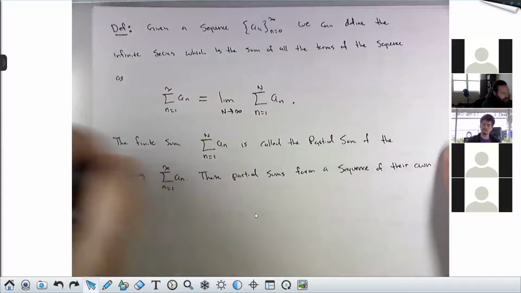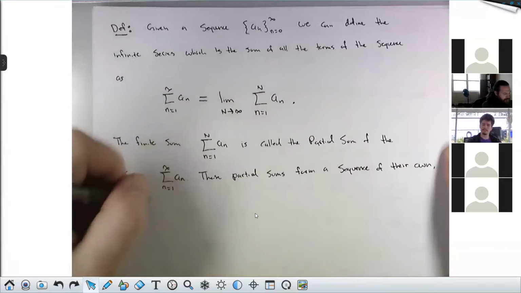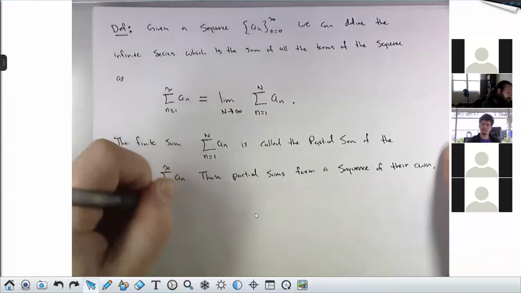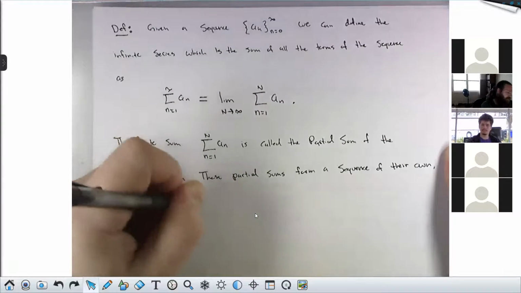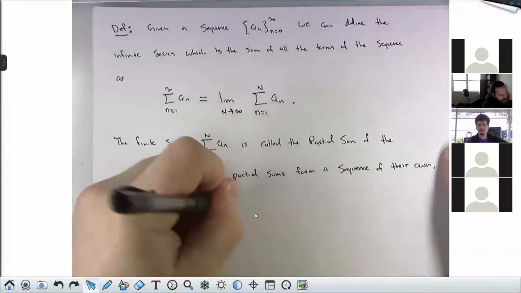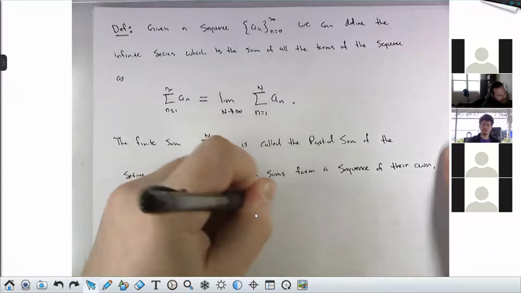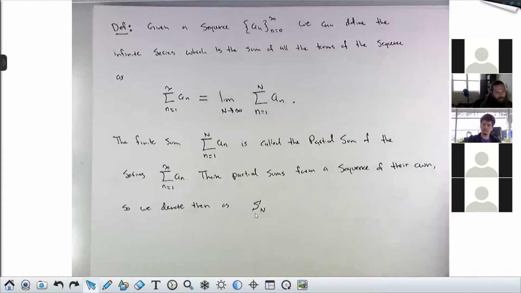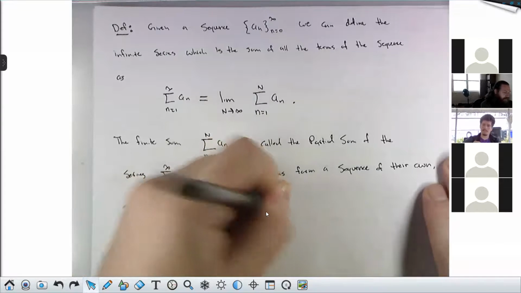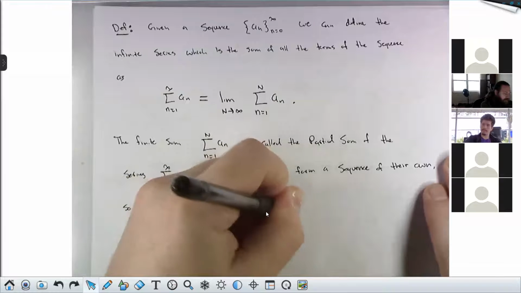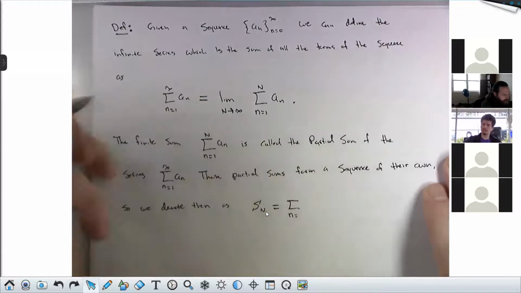So we denote them as, I will always use a capital N here to try and make life less confusing. Your book messes up the notation and uses a lowercase n here, which is very, very confusing. I am going to try to make this tolerable.